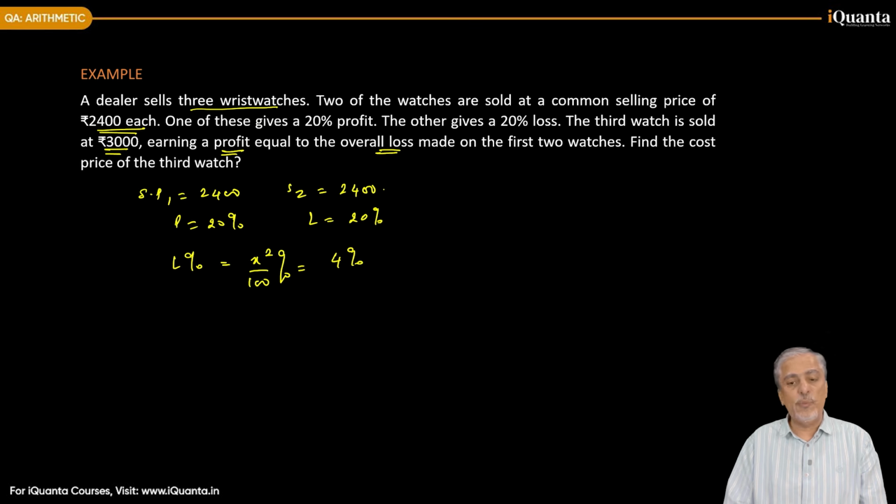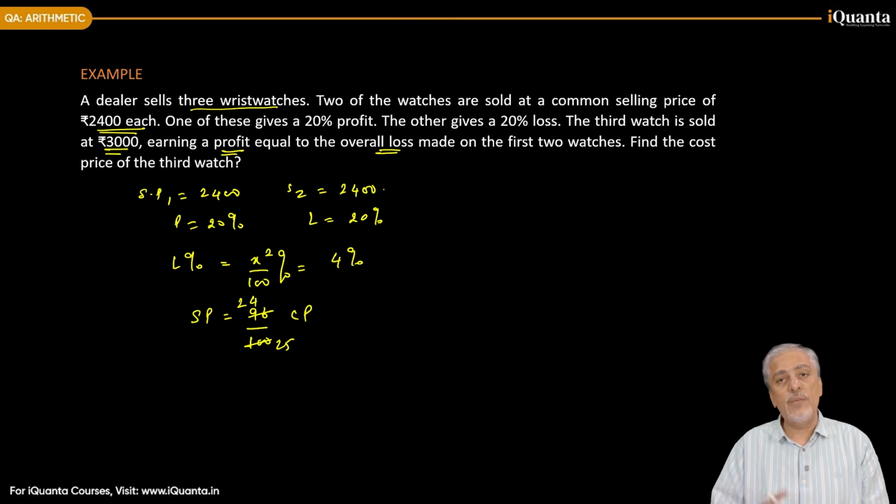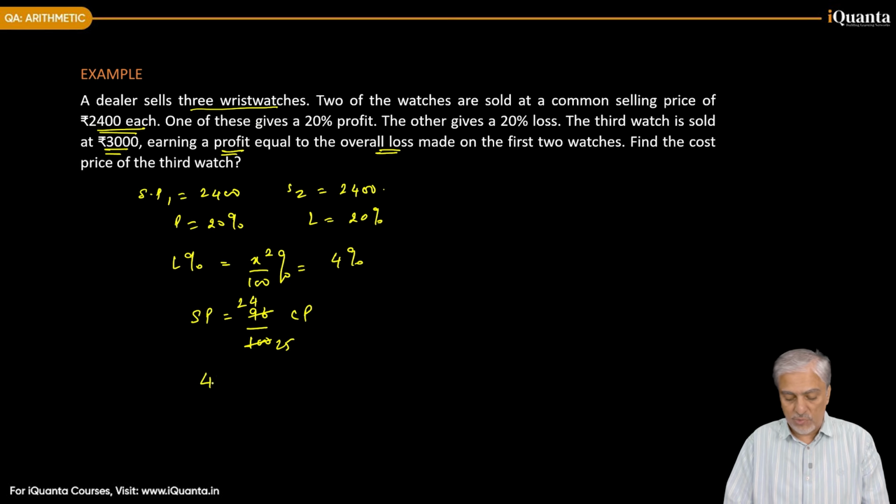Now, when there is 4% loss, we say selling price is 96% of the cost price, right? 4 2s are 4, 4 4s are 4, 25s are... So selling price is 24 upon 25 of the cost price. And we know that the selling price is 2,400 per watch. That means the total selling price is 4,800.